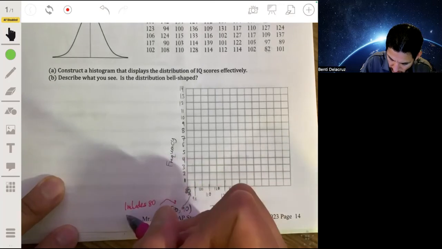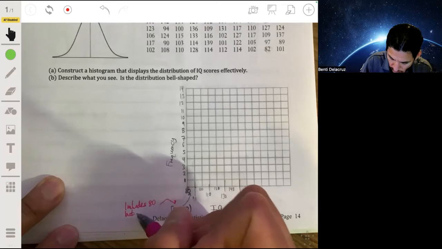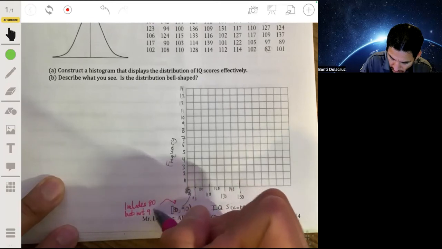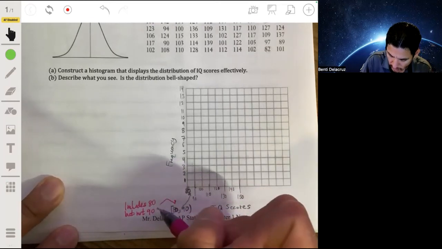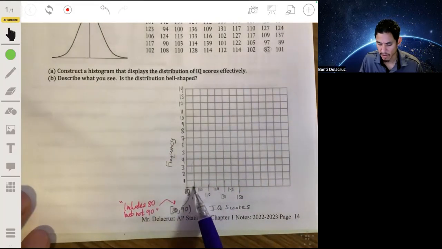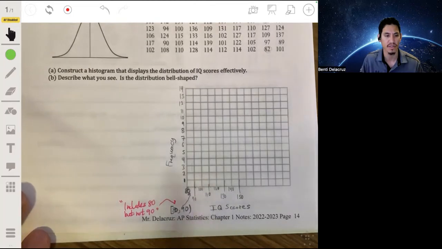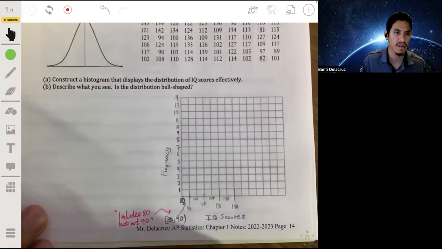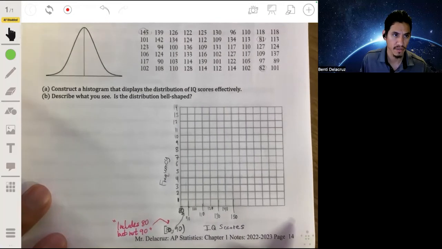Includes 80, but not 90. And so then the next bar would include 90, but not 100. The next one would be 100, but not 110, and so forth. So let's go ahead and start constructing it so we can get a good sense of how this works.